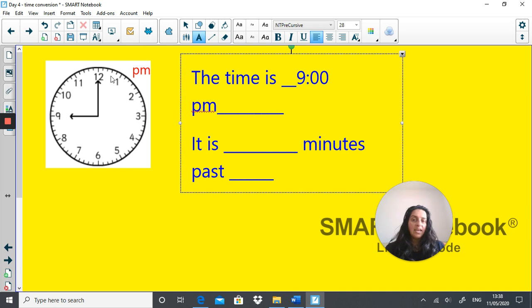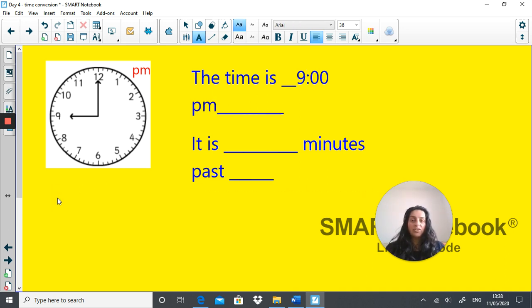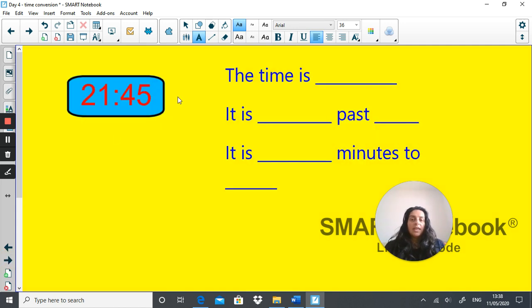That minute hand has not gone past 12. So hopefully you picked up on that. And as a 24-hour clock, I'll just add 12 hours, 12 to 9, and the 24-hour version of this would be 21:00.